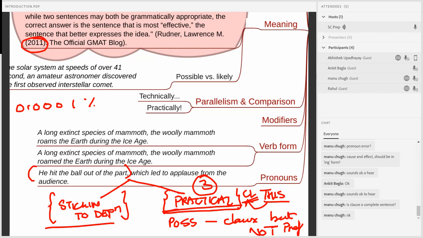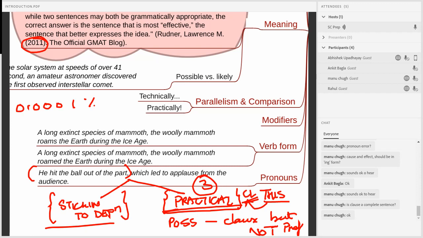But suddenly here's a GMAT question in which a pronoun is referring to a clause. What do we do? That's what happens. So if we try to create our own expectations around what GMAT should do, we will come across situations in which that will be broken. Sometime or the other, it'll happen.